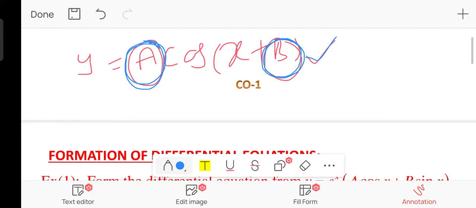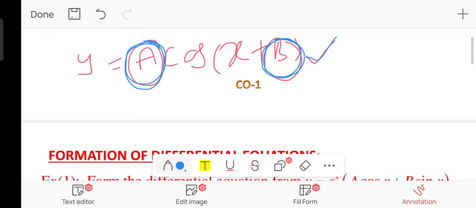In this way we get the differential equation corresponding to the given solution. So this is what is called formation of differential equation.